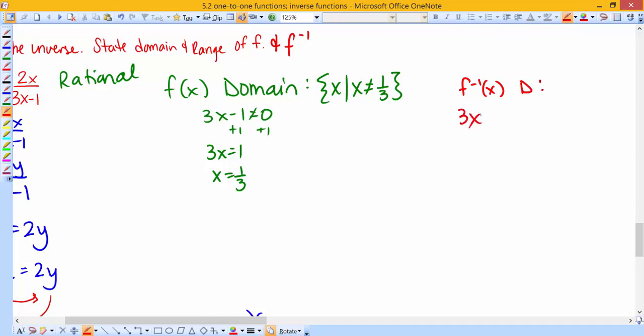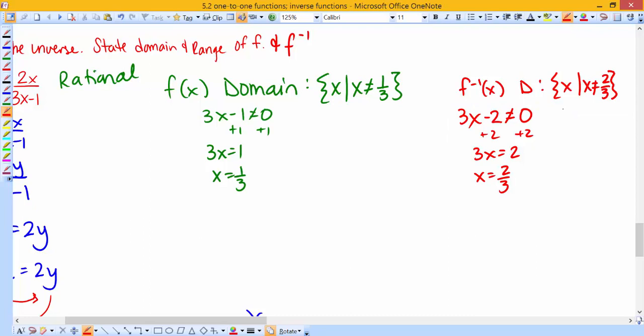So 3x minus 2 cannot equal 0. So if I add the 2, 3x equals 2, x equals 2/3. So this is x such that x cannot equal 2/3. So I have the domain for each.